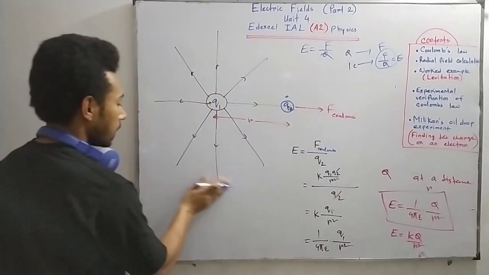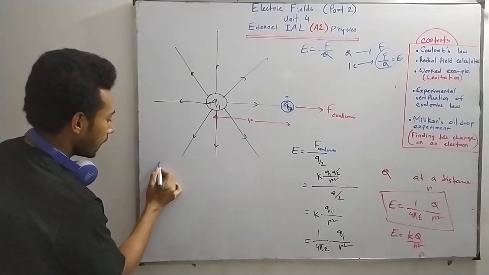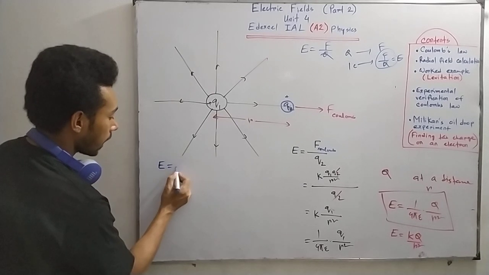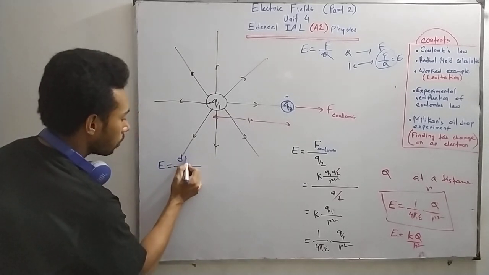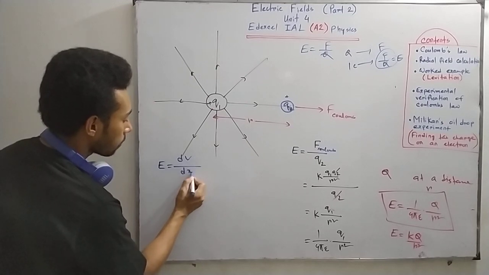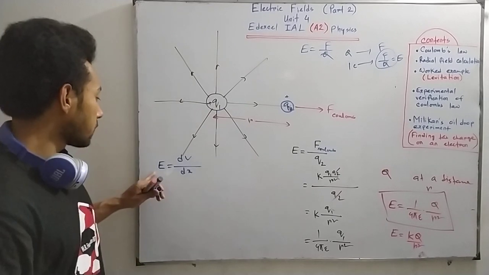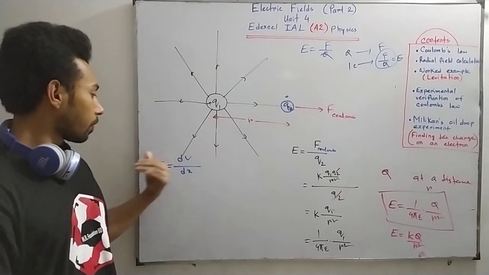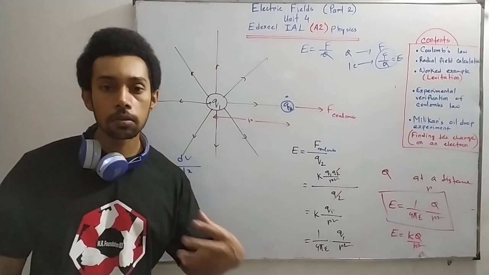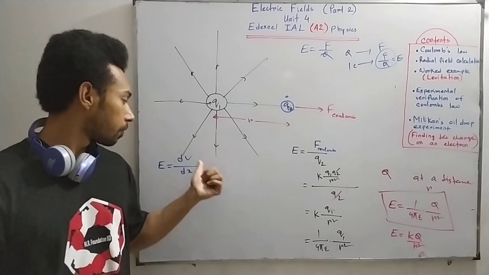We know that in a radial field, electric field strength is a measure of how quickly electric potential varies, dV by dx. In a radial field, electric field strength will be a measure of how quickly the electric potential V varies.